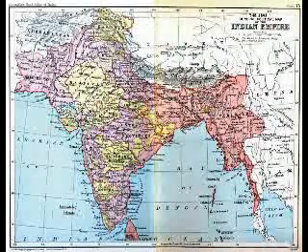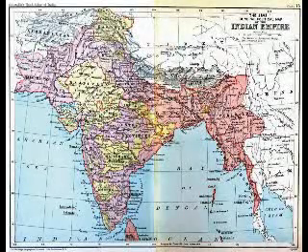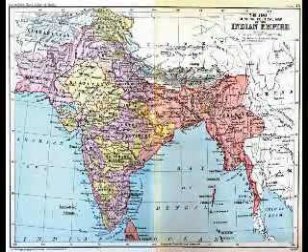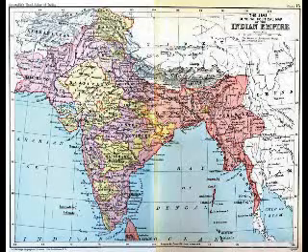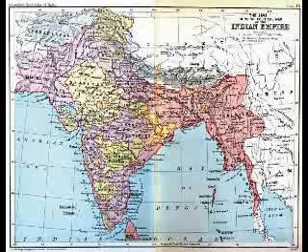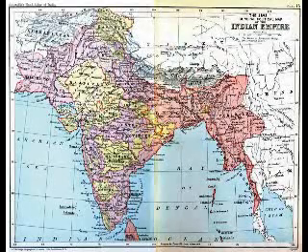Some of the more enlightened rulers, often in the face of British resistance, did try to introduce administrative and political reforms and promote industrial development.